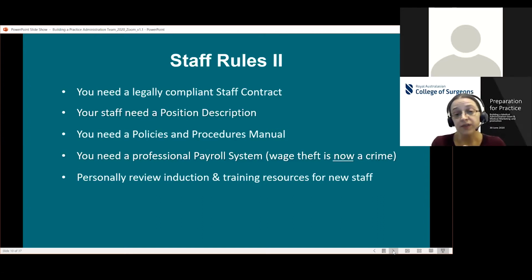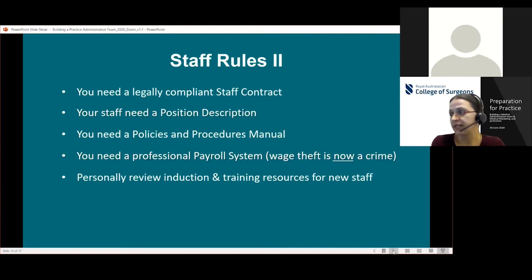You need to also have a professional payroll system. You can't just pay people and not give them copies of their pay slips, not set them up for the single touch payroll system. These things are all requirements now. And wage theft is now a crime, and particularly so in Victoria.